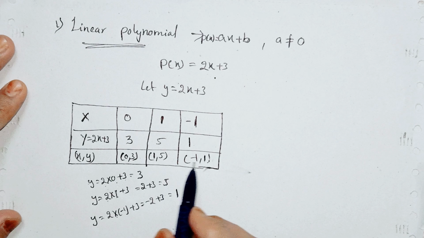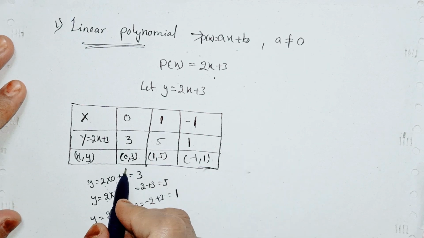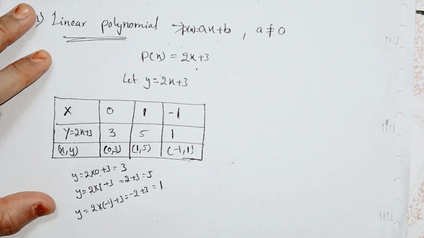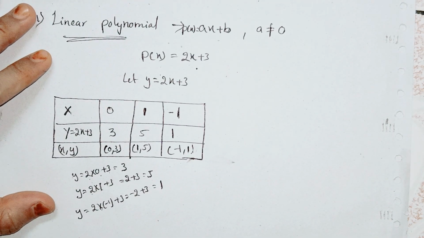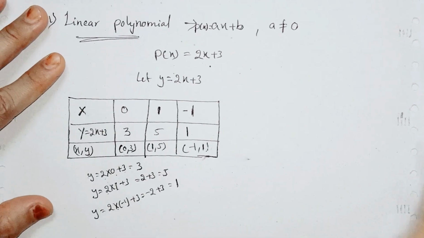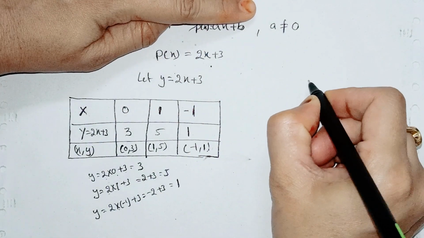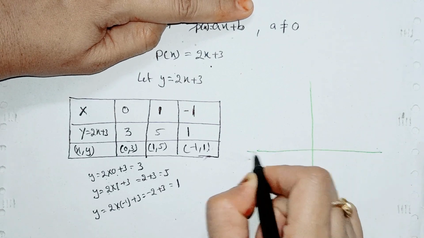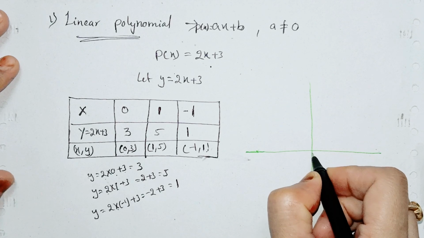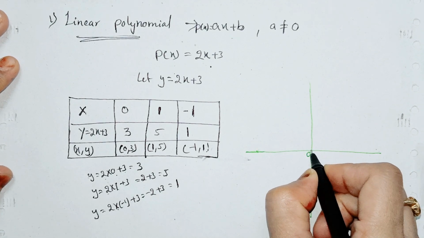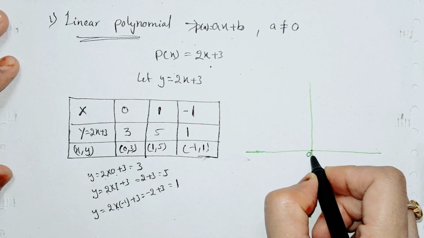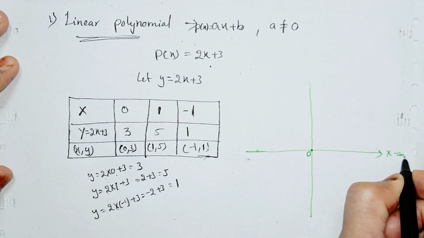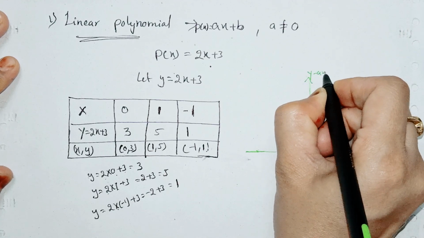Now we got these 3 points, so we'll try to draw them in the graph with the help of these points. So let us draw a graph. Suppose this is a graph. Is it visible, guys? This is 0, the intersecting point of the x and y coordinates, and this is the x axis, this is the y axis.